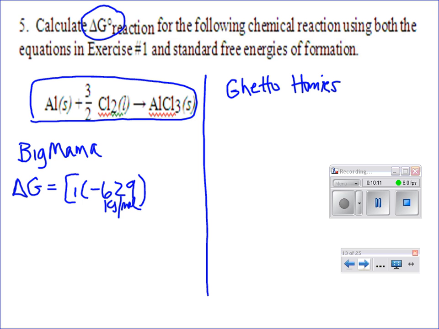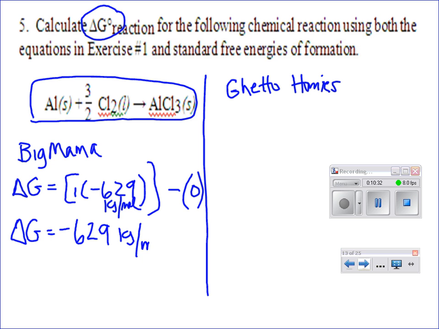It's negative 629 kilojoules per mole, minus, good news is, the free elements have a 0 free energy, just like delta H does. So all of the reactants, because they're free elements, are 0. So there's our Big Mama. So our final delta G is negative 629 kilojoules per mole. So that was easy.